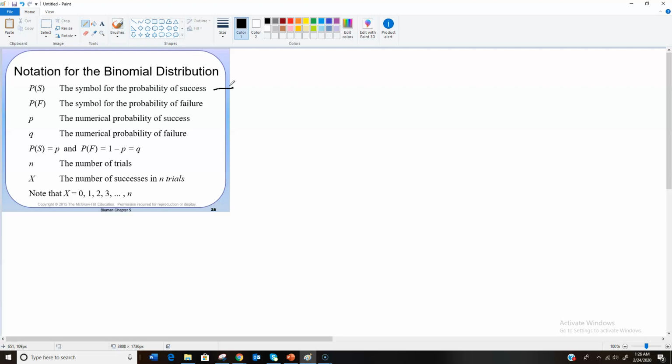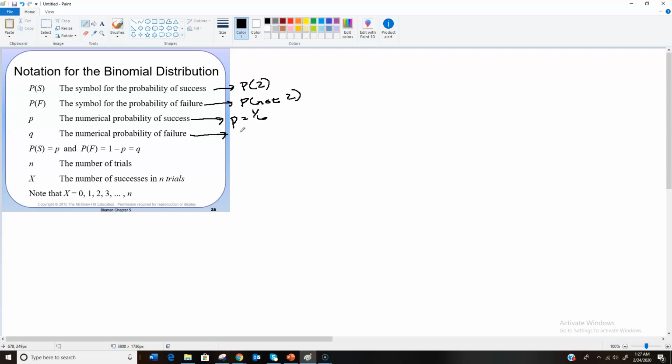It's just that this is the symbol for the probability of success, and this is actually the numerical probability of success. So for instance, this might be the probability that you roll a 2. This would be p equals 1/6, because you have a 1/6 chance of rolling a 2 on a die. Now, in this case, if I use the same example, P of F is the probability of failure, so that would be the probability of not getting a 2, because our success in that case is rolling a 2, so our failure is not getting a 2.